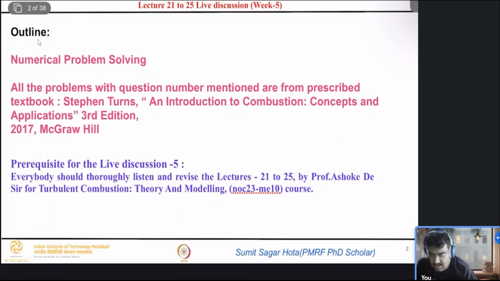In this section, all the problems are taken from the book An Introduction to Combustion: Concepts and Applications, 3rd edition, 2017, McGrath. All the questions are taken from this book.